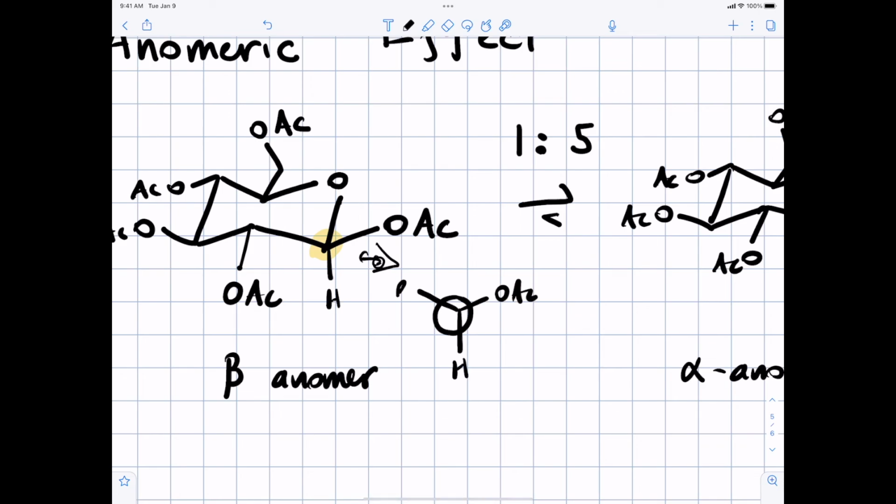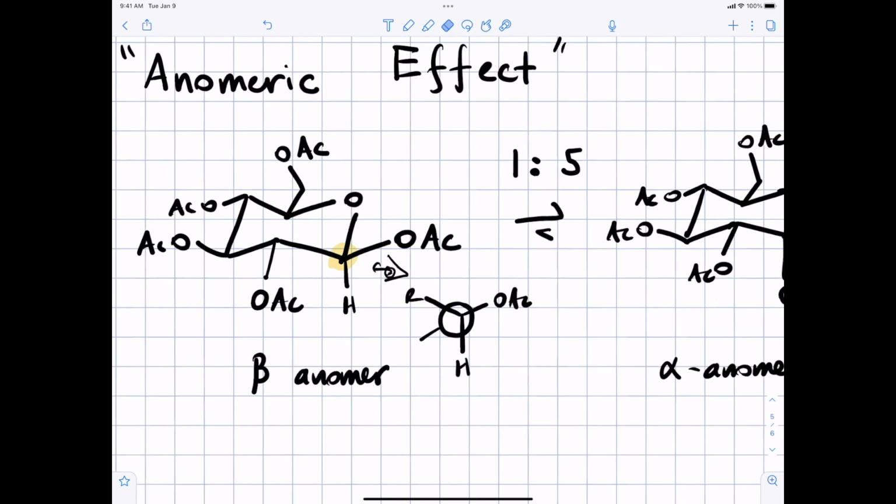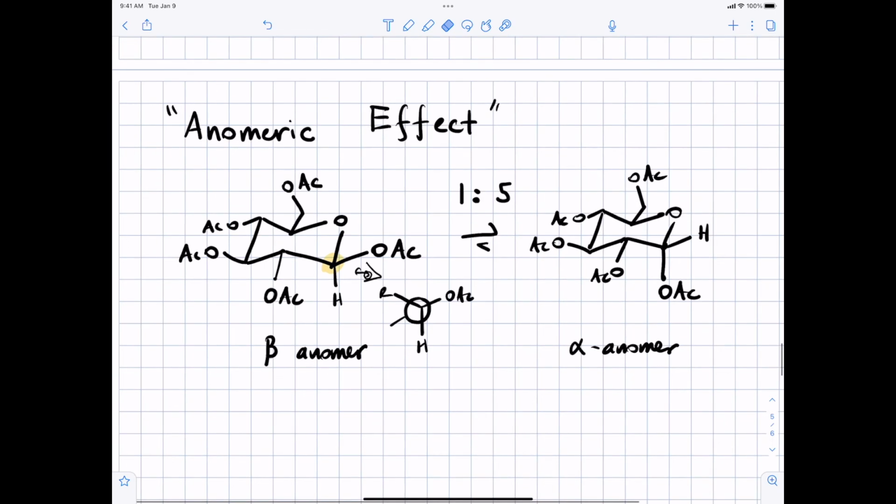It looks to me like, no, I think in both of them, the acetyl group is going to be gauche. They're going to be gauche to each other. We can make a model and look at that a little bit more.